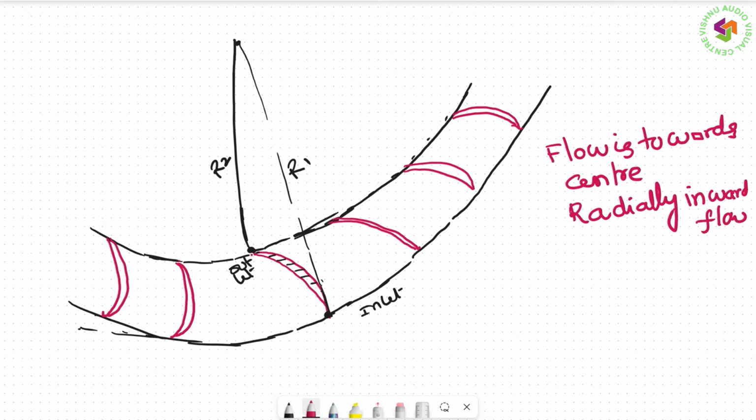If the flow enters here, if this becomes inlet and this becomes outlet, then naturally it is radially outward flow.